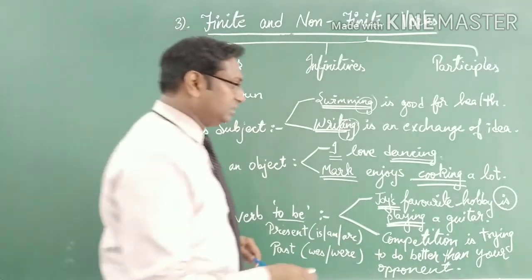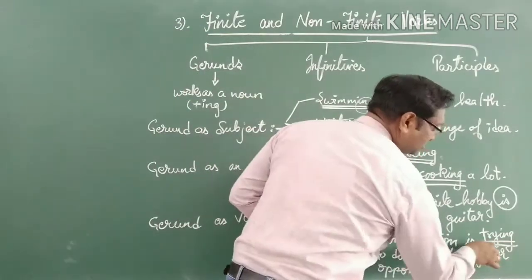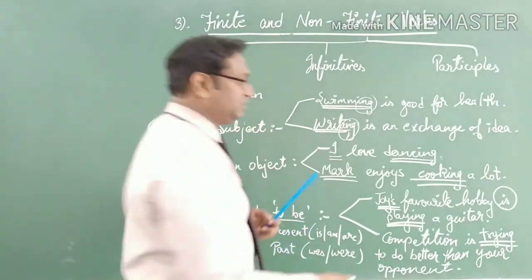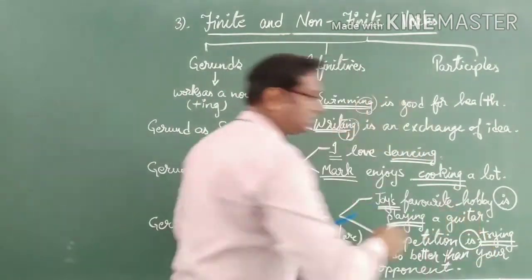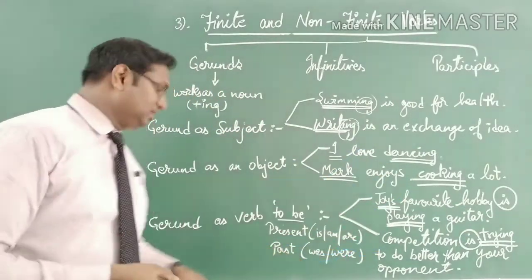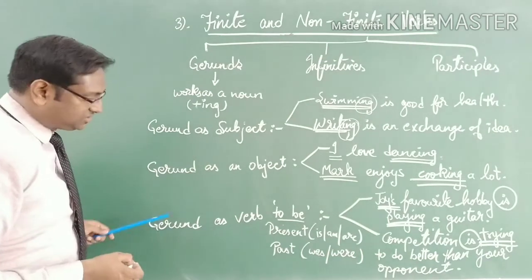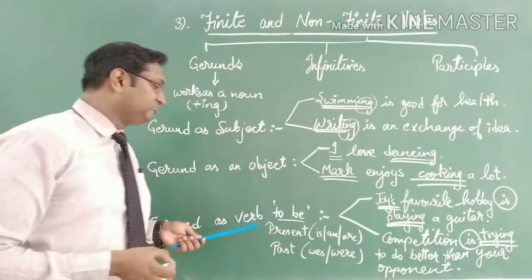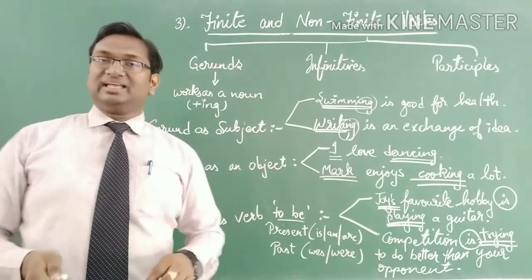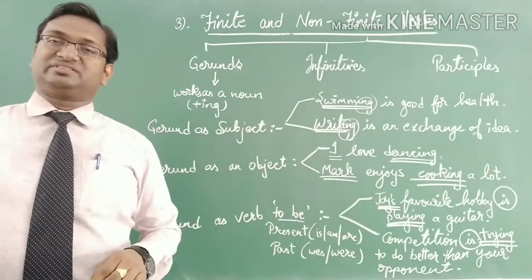So over here, trying is your verb and to be form is. So is trying, is playing is the third use, that is gerund as complementary verb of to be. Clear? Now let's move on to infinitives.